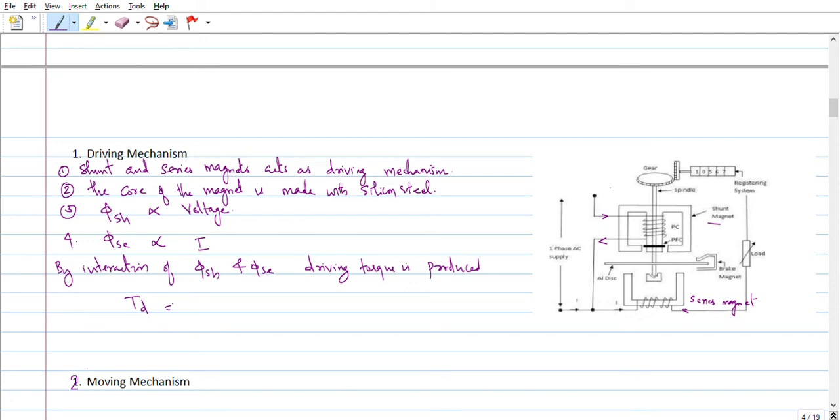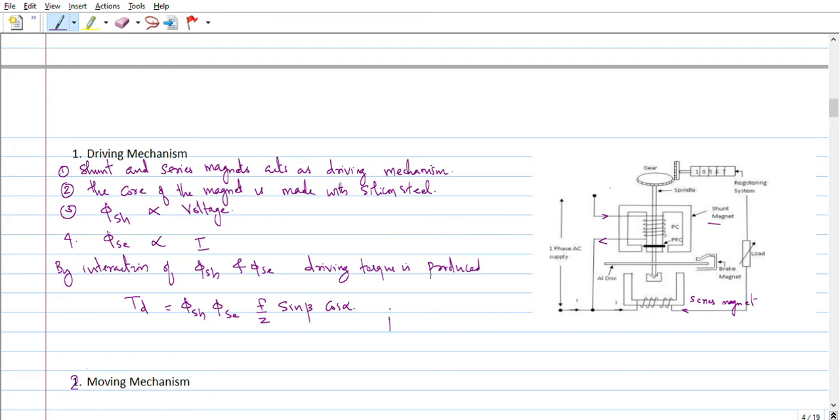Here phi 1 is the shunt flux phi SH and phi 2 is the series flux phi SC, into F by Z into sin beta into cos alpha.